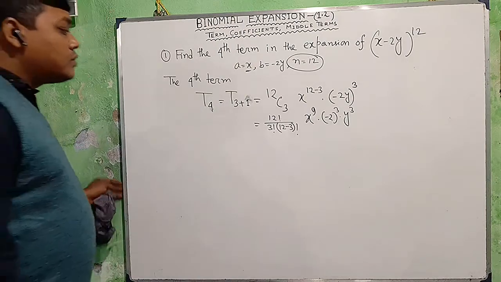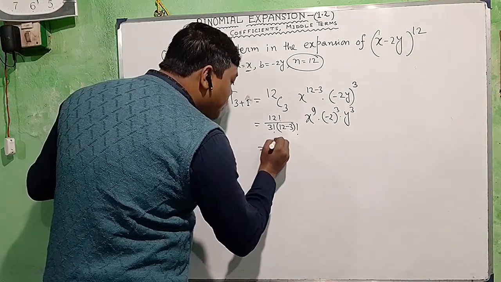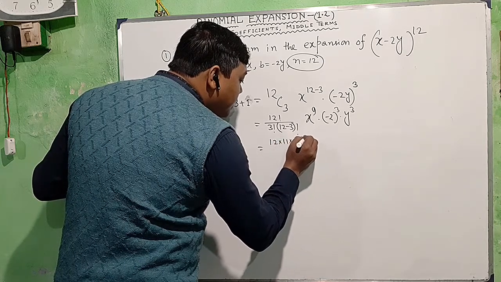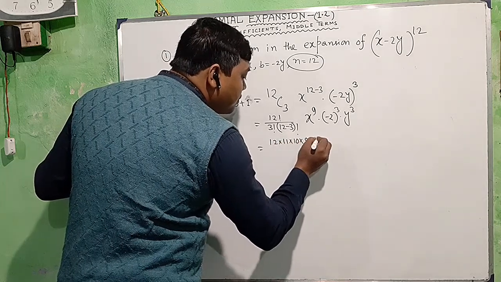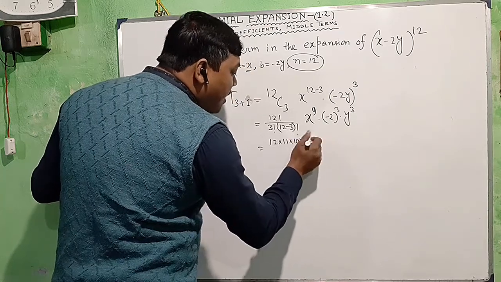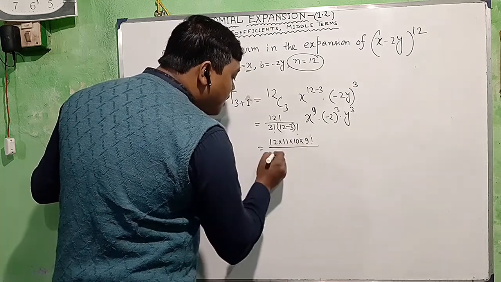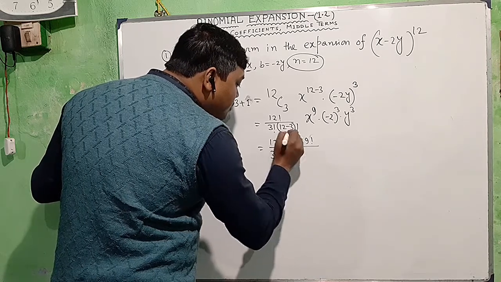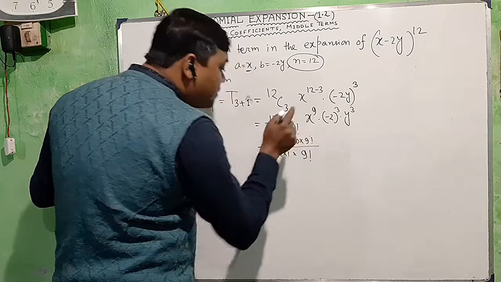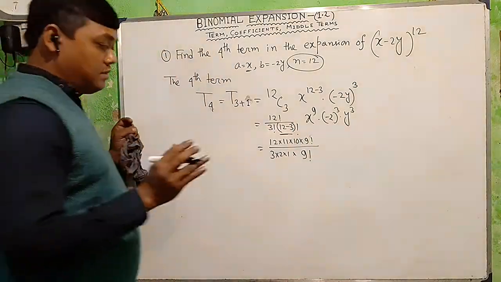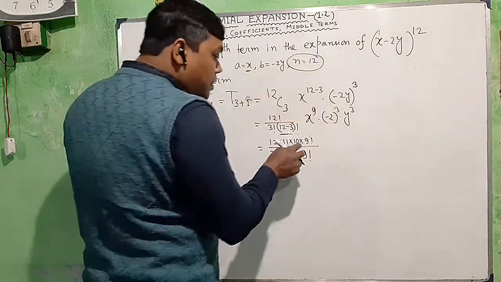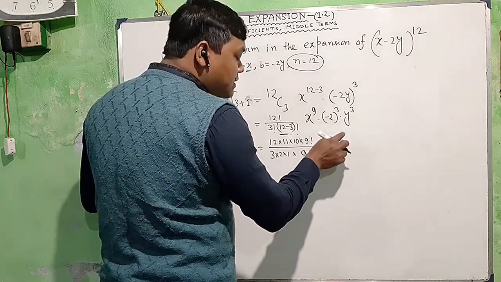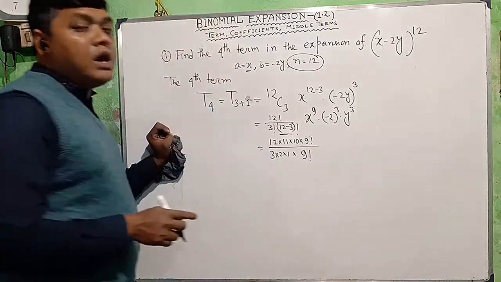Okay, so after some calculation we will get 12 into 11 into 10 into 9 factorial, and 3 factorial means 3 into 2 into 1. I have taken the numerator up to 9 factorial, because 9 factorial means 9 into 8 into 7 into 6 into 5 into 4 into 3 into 2 into 1.